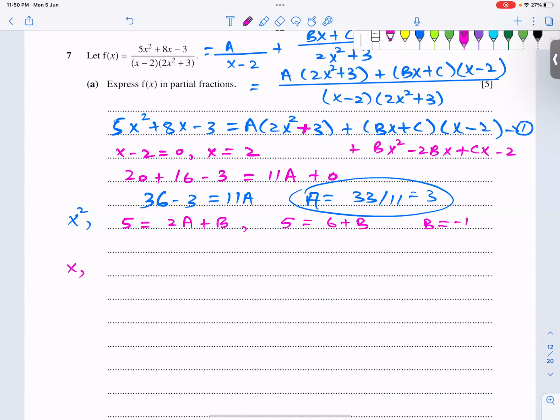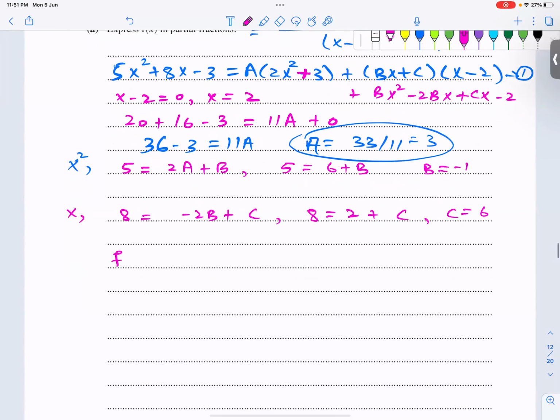When you compare the coefficient of x, you will have 8 is equals to minus 2b plus c. And 8 is equals to, as b was -1, so this will become just 2 plus c, and c will be 8 minus 2, that is 6.